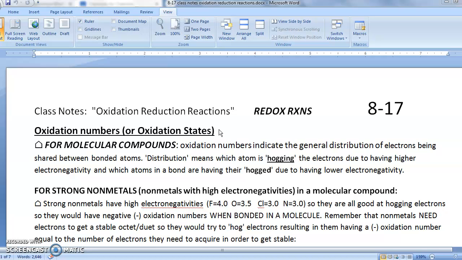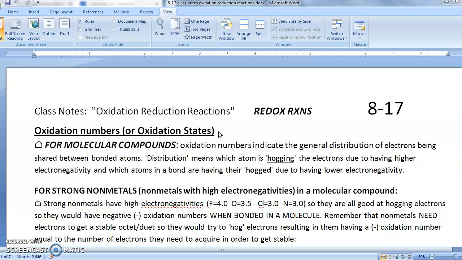So again, for a molecular compound, that is a compound held together by covalent bonds, what we're really looking at when we're assigning oxidation numbers is who is going to be dominating the control of the electrons by pulling them to them as a result of having higher electronegativities.